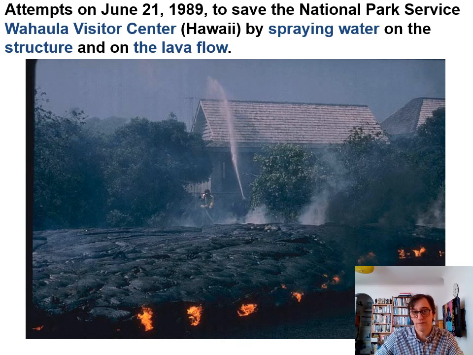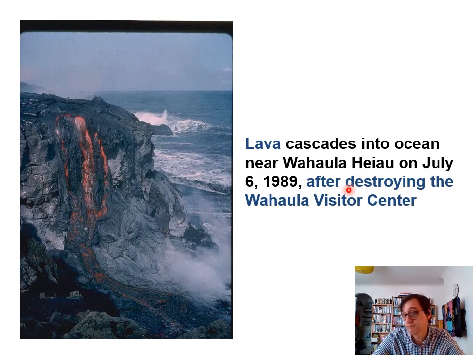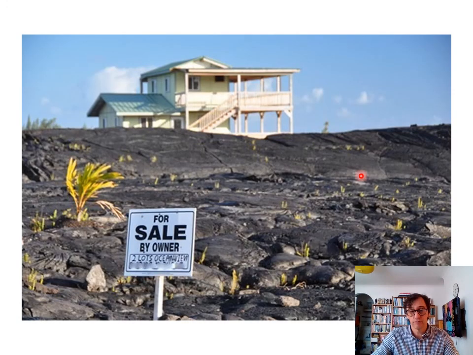Again, they just didn't have the volume of water to do that, and the visitor center was engulfed by lava flow and very quickly incinerated and lost. So they later had to build a new one. That lava from that 1989 date, if you look back at the dates on the previous slides, kept on going day on day and eventually made its way to the ocean. So it was unstoppable, and that's usually the case for lava, but we try. Occasionally, we can change it with these methods.